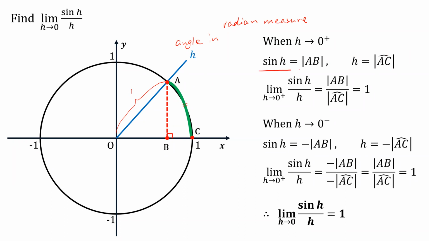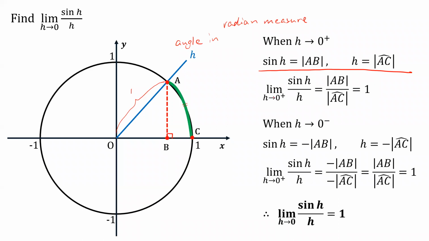This is very important. Can you see why? Because it's just the definition of the radian measure, right? Radian measure of h is defined as the length of AC over the corresponding r, which means the absolute value of the length AC, right?